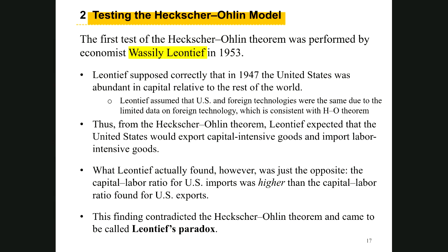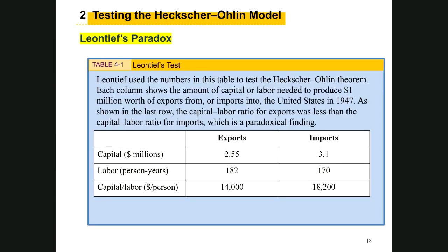At that time, the U.S. was supposed to be a capital abundant country compared with the rest of the world. However, he found that the goods imported to the United States actually have a larger capital-labor ratio.